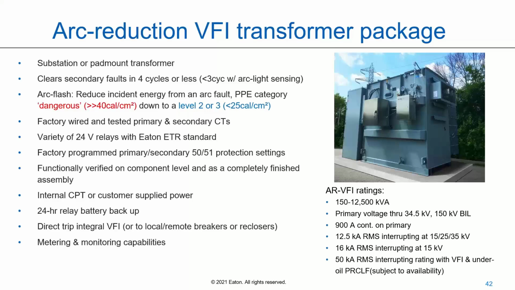So if you have available fault current higher than that, we can always include a current limiter inside of the transformer to bring that overall interrupt rating up to 50 kA. So that is one option as well.